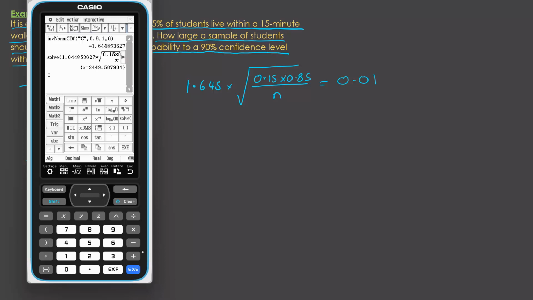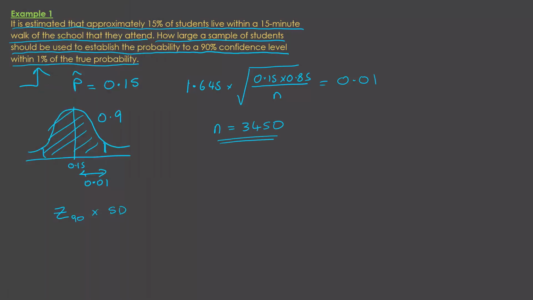And if we solve that, that gives me, well, we would always round up. So n would be 3,450.